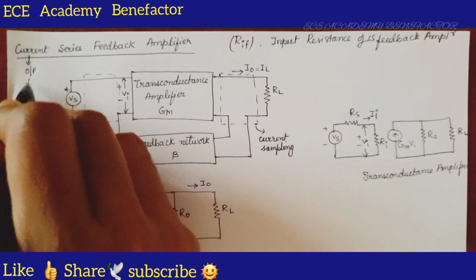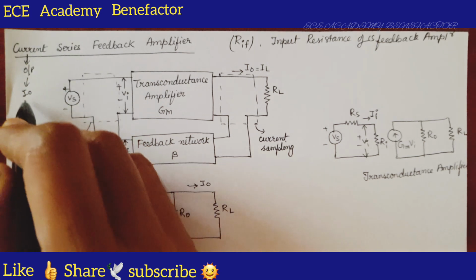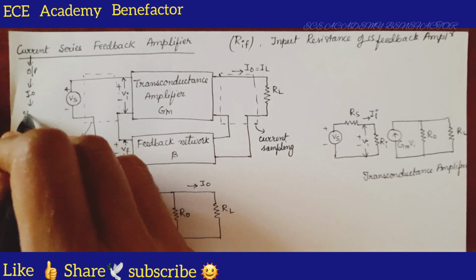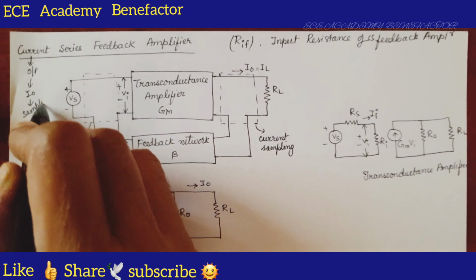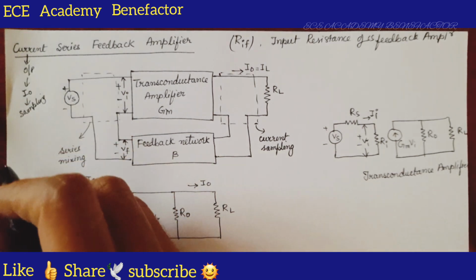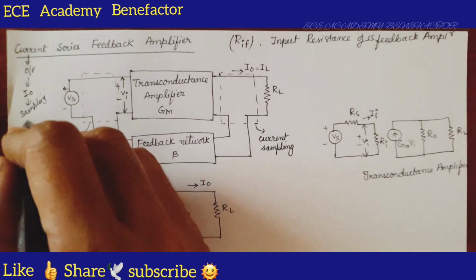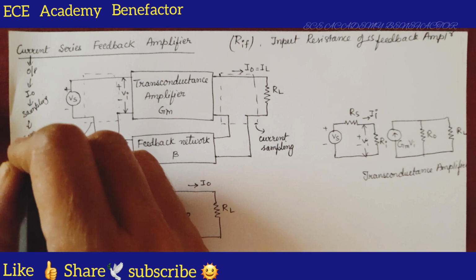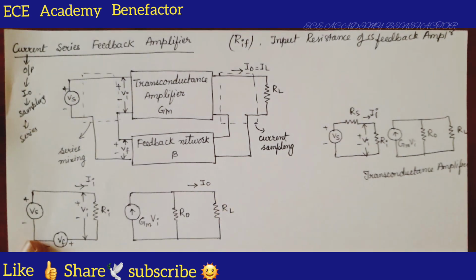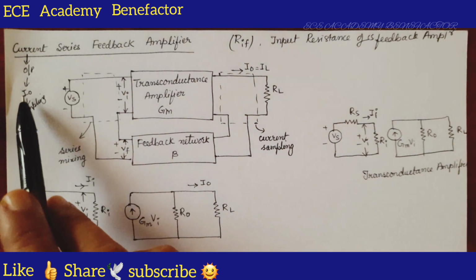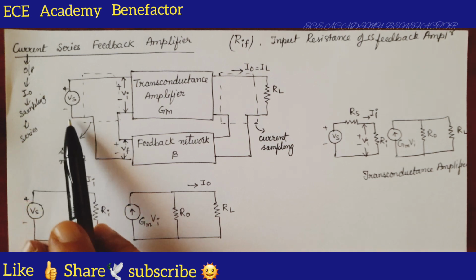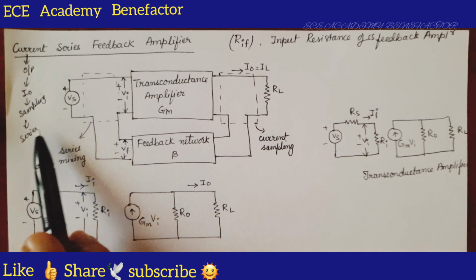What is the output? I0. So, at the output what is done? Sampling. If current sampling is there, what type of connection is to be there? It has to be series connection. If current sampling is done, the connection at the output side is to be series.